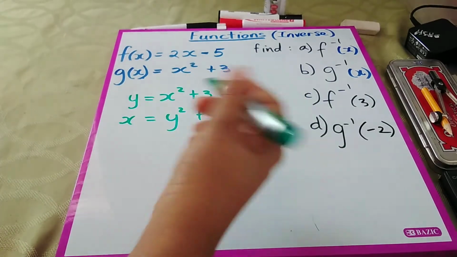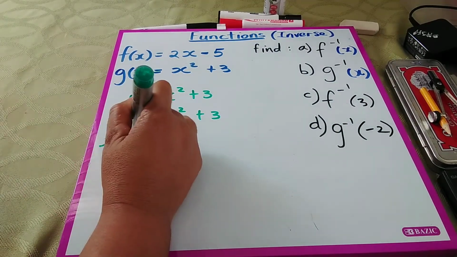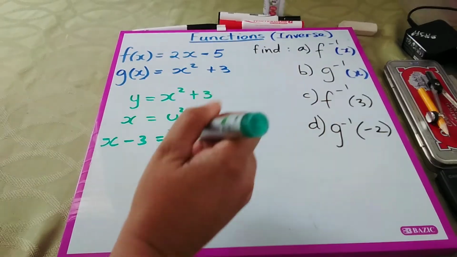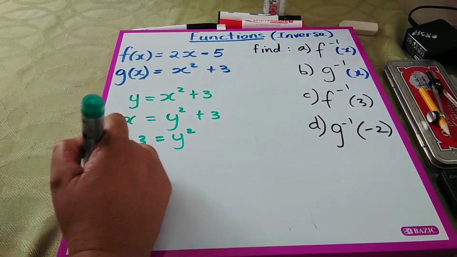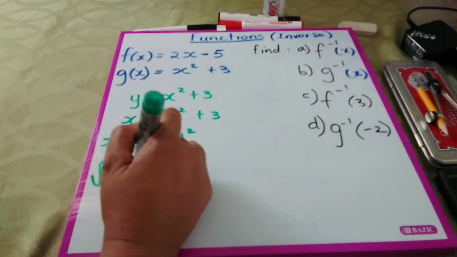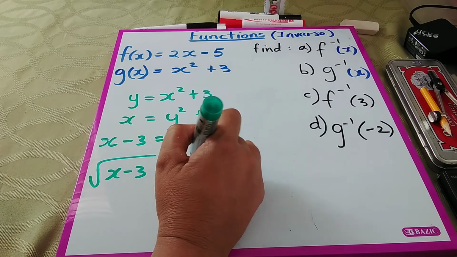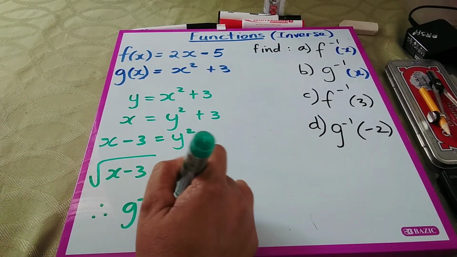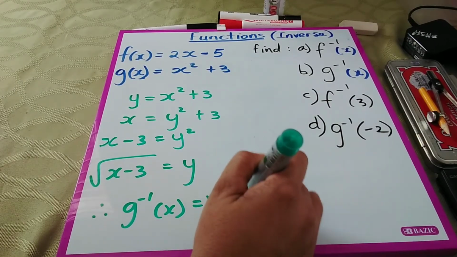So we're going to solve for y, so we're going to say x minus 3 equals y squared. And then we're going to say square root of x minus 3 is equal to y. Therefore, g inverse of x is equal to square root of x minus 3.